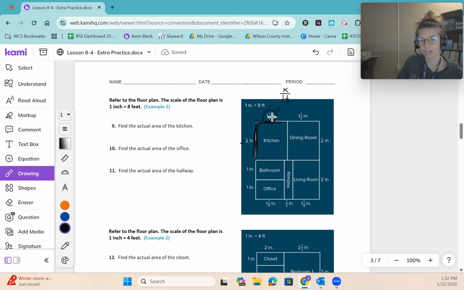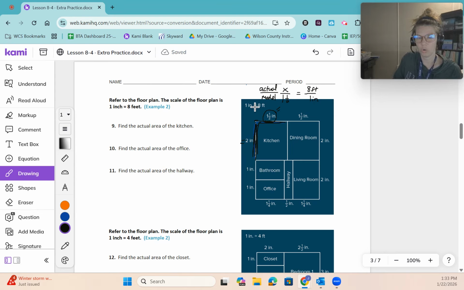So that's the ratio of the actual over the scale, the model. The actual is 8 feet in my scale, and 1 inch is what the model would represent.